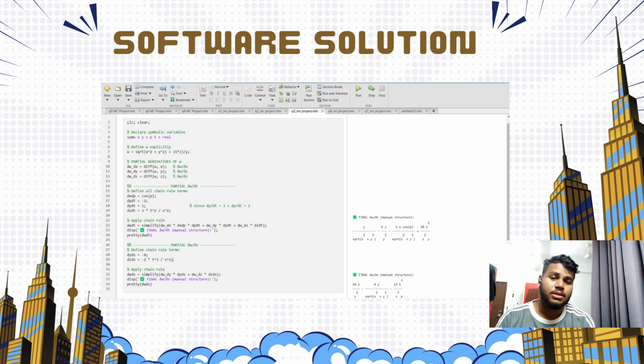Then on the right hand side you can see the final answer given by the coding. It looks 99.9% similar to the manual calculation. So I hope this answer should also be correct.